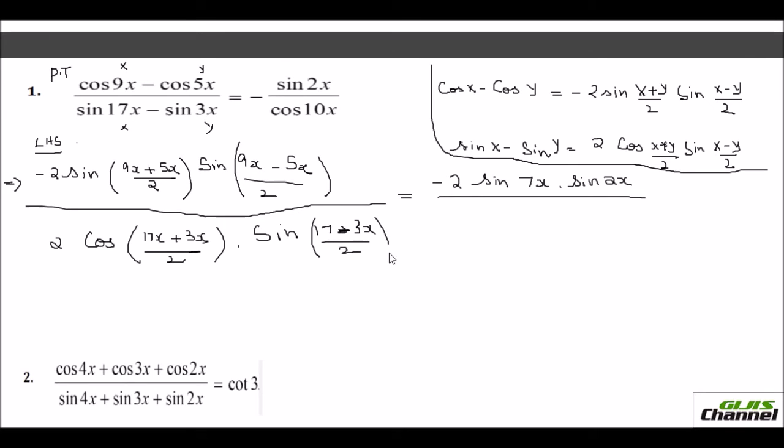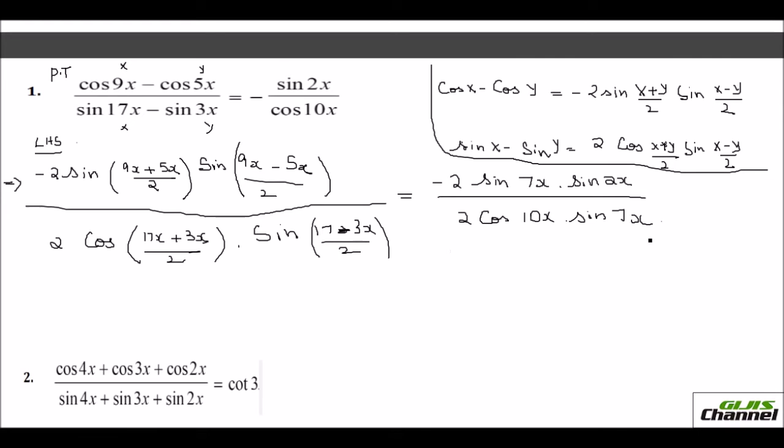Divided by, at the denominator it is 2 cos of 17x plus 3x, which is 20x, divided by 2 is 10x. Times, for sine it is 17 minus 3, which is 14x divided by 2, so 7x. So this becomes sine 7x.